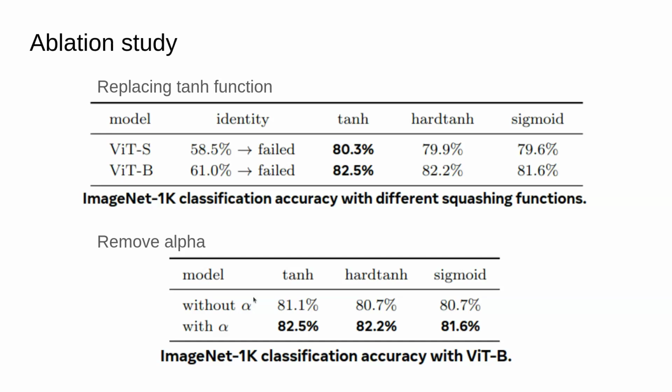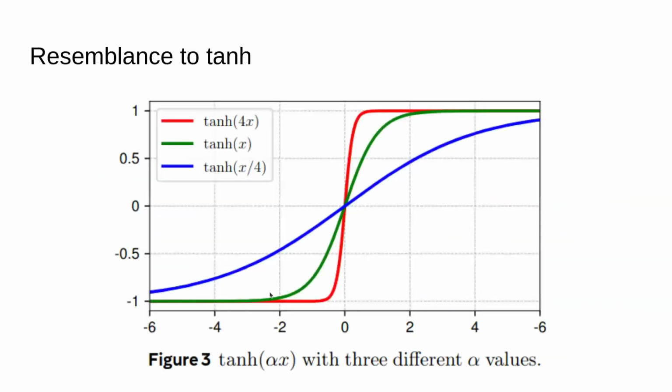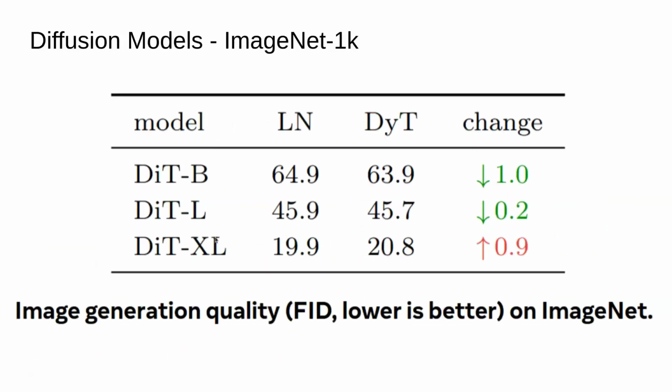It does make sense because these allow you to choose how flat you want your tanh to be. But it is interesting that it even works sort of without the alpha.